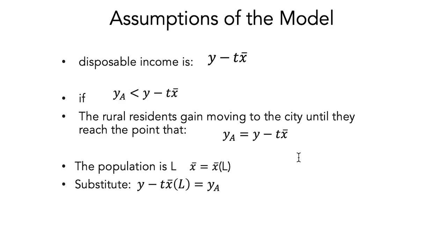So remember from last module that we derived that population and distance are positively related. When the population grew, we needed a bigger city to accommodate the people. Therefore, x bar, the edge of the city, is a function of population.